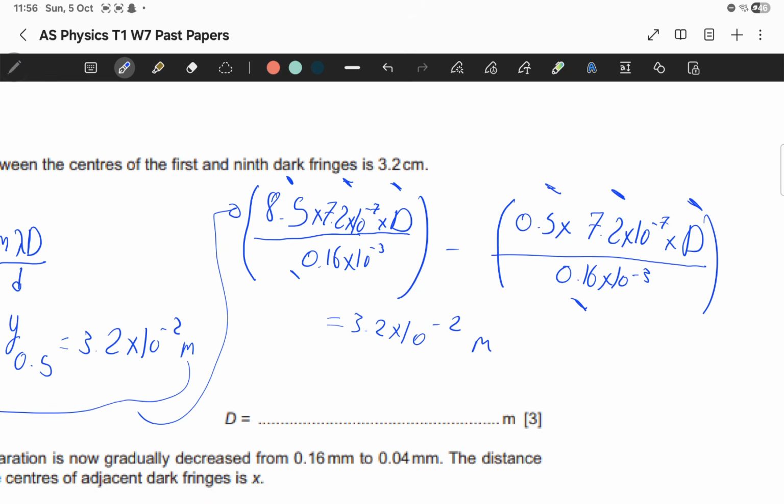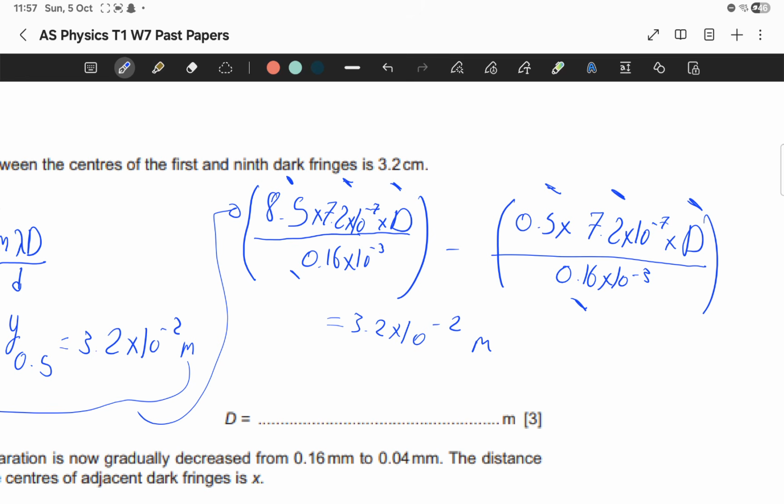Now, do this on a calculator in one step using your equation solver, because it's a nightmare to do normally. So 8.5 times 7.2 times 10 to the power of negative 7 times x over 0.16 times 10 to the power of negative 3, minus 0.5 times 7.2 times 10 to the power of negative 7 times x over 0.16 times 10 to the power of negative 3, close the bracket.